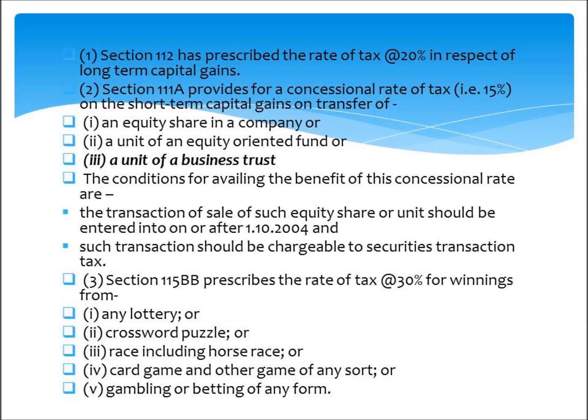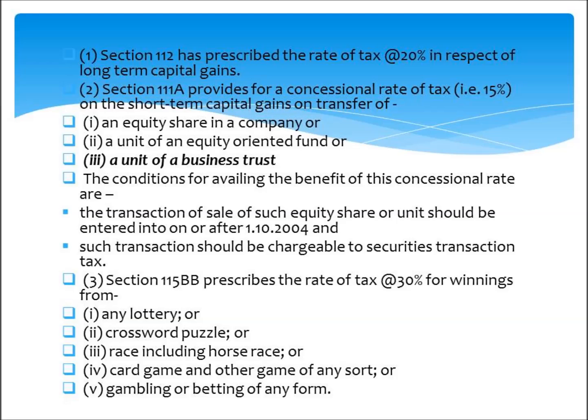This is a type of tax which is charged when we do transactions in securities. So if this type of tax is charged upon our transaction, then only we can avail the concessional rate of tax of 15% on short-term capital gain. Got it? So this is 111A on short-term capital gains, 112 on long-term capital gains.